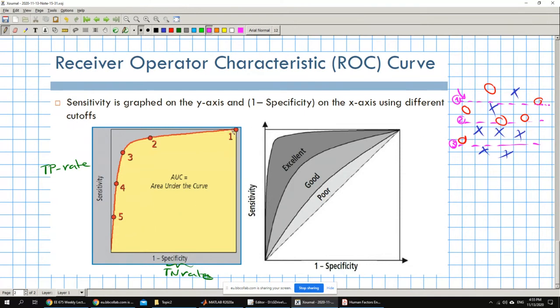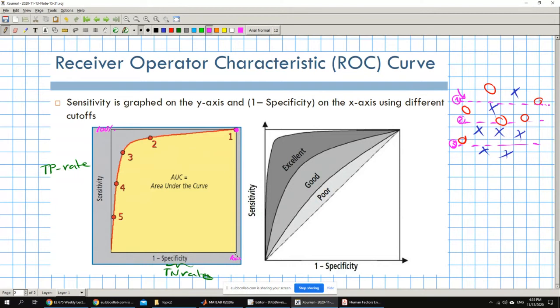As you see here, if you have something that looks like this point right there, you have a sensitivity of 100% and a specificity of what? 100%, right? Is that correct?